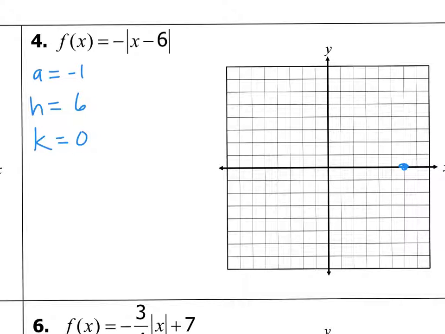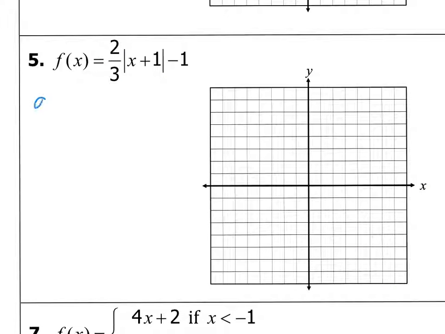Now the left-hand side, because we have a -1 for A, our left-hand side is actually going to be rise -1, run -1. So we're actually going to have a positive slope on the left side this time, and we're going to have a negative slope on the right side. And we can't draw it too much further than that. And we always want to have those arrowheads there.